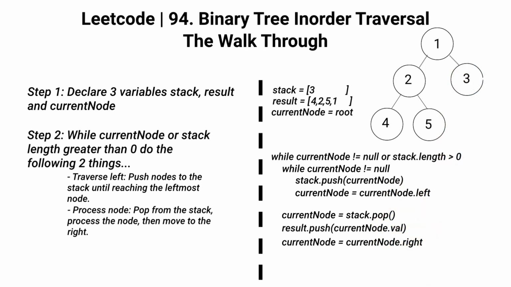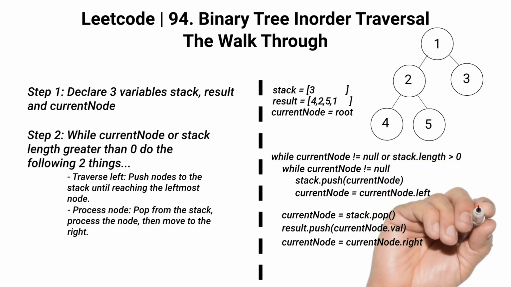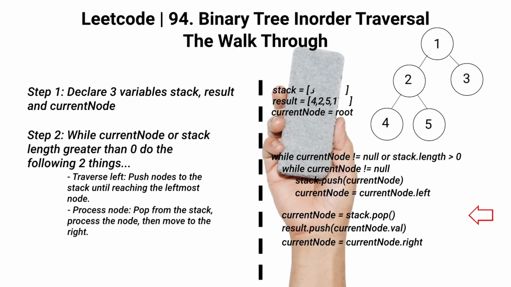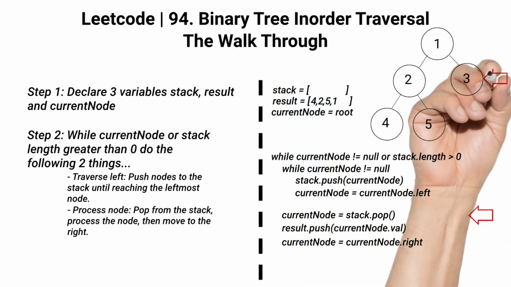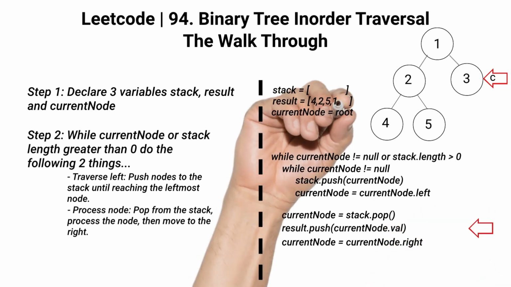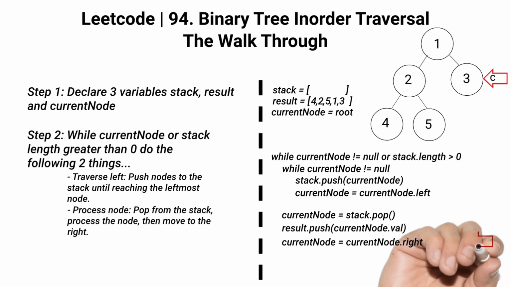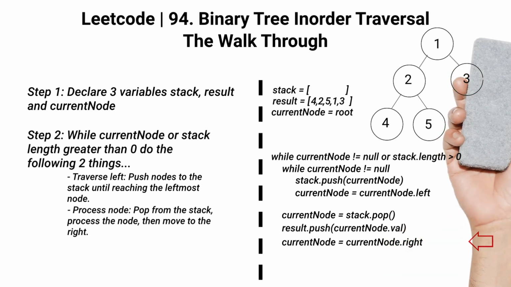So we check here in the while loop, so we can skip what's inside the while loop because it is null. We pop the 3 off the stack. We push the current node's value, which is 3, into the result. And we set the current node equal to the right node of the 3, which is null.